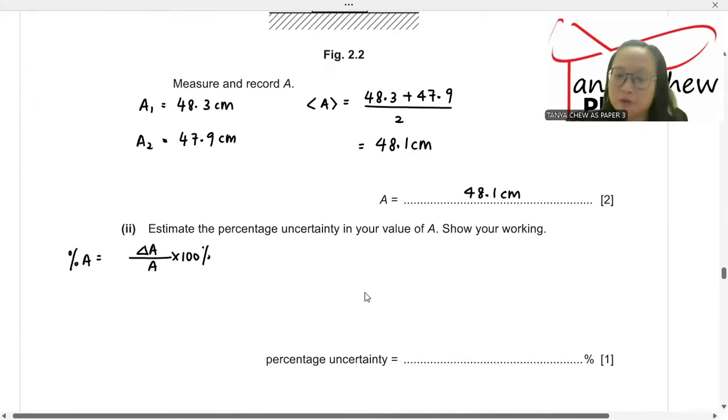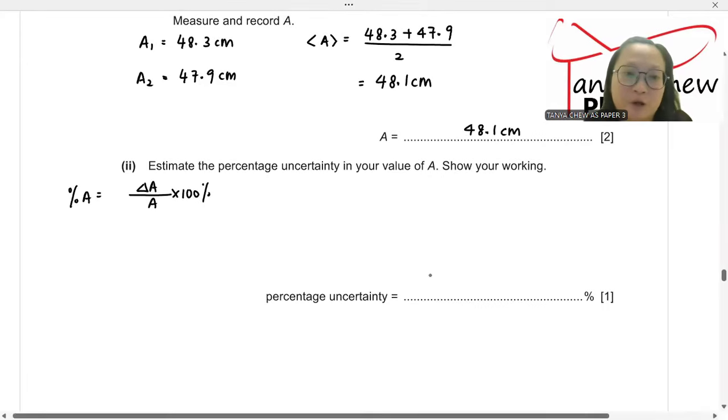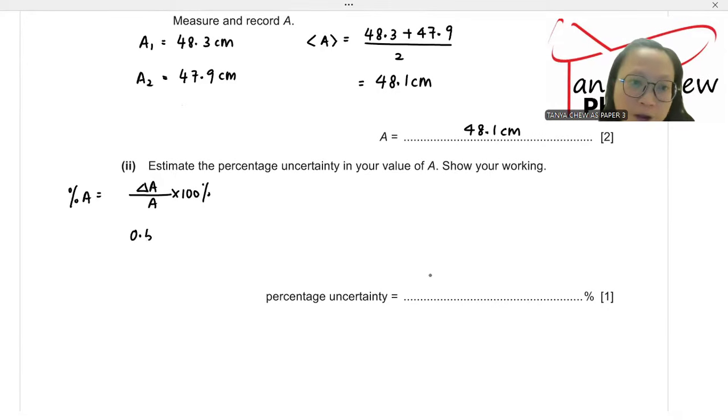So I would like to increase the absolute uncertainty of my meter rule, because this experiment itself is about something that is moving. The masses are moving. In order for me to measure that length, I need something to be stationary. Since the masses are moving, I as an experimenter face difficulty in measuring A. So I would like to increase the absolute uncertainty of A to maybe 0.5.